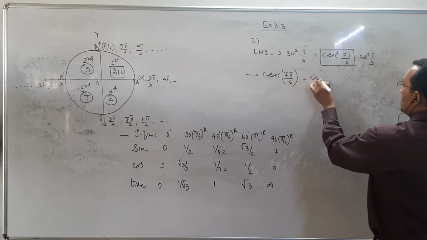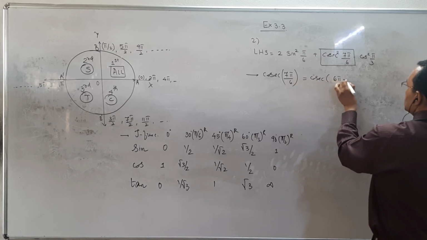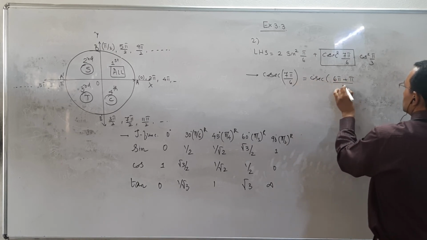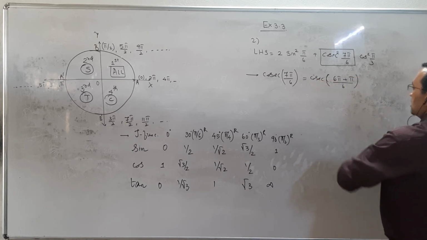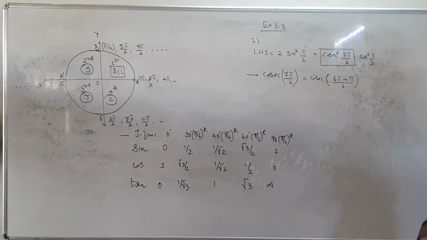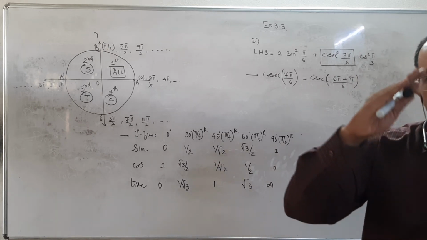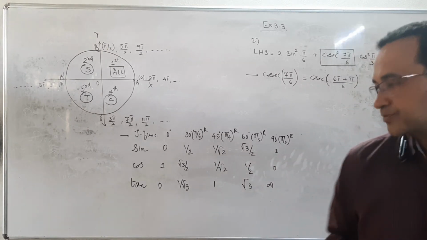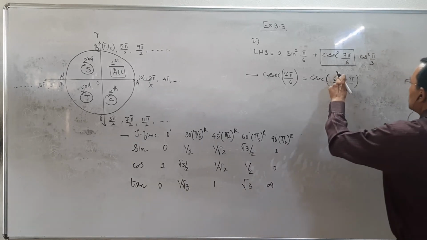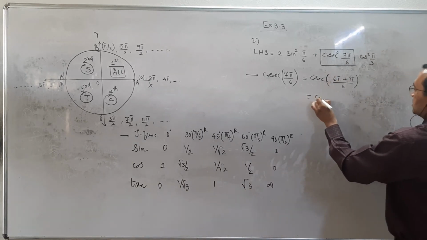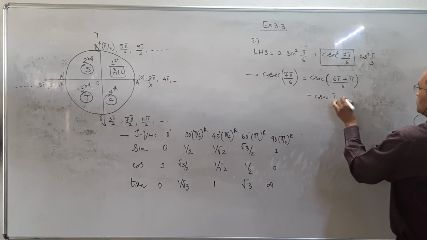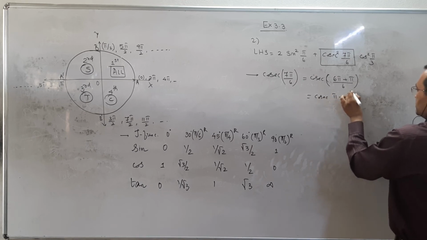So 7 pi can be written as 6 pi plus pi. The number given in the denominator is 6, so I need 6 in the numerator. Split 7 in terms of 6 plus 1. Now execute the individual division, 6 pi by 6. So this becomes pi plus pi by 6.